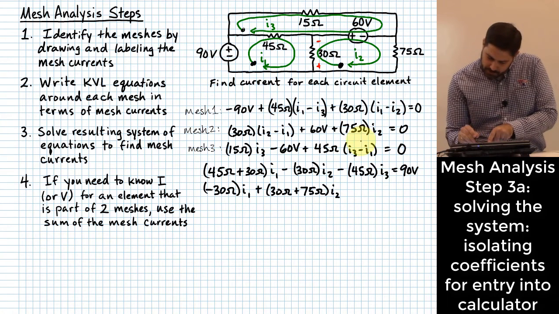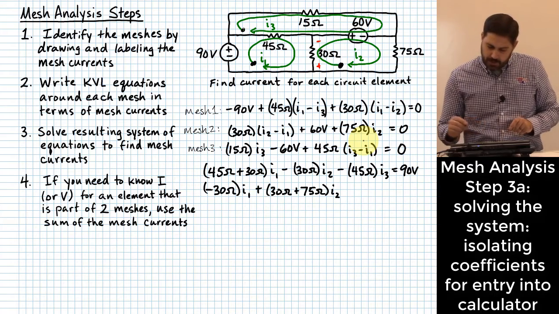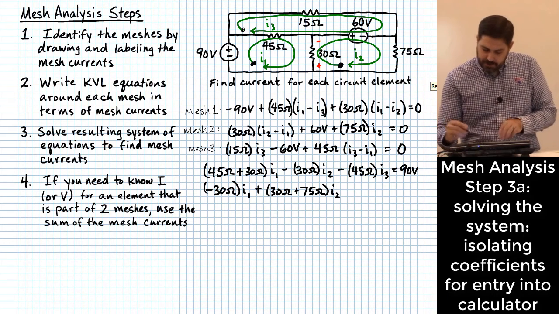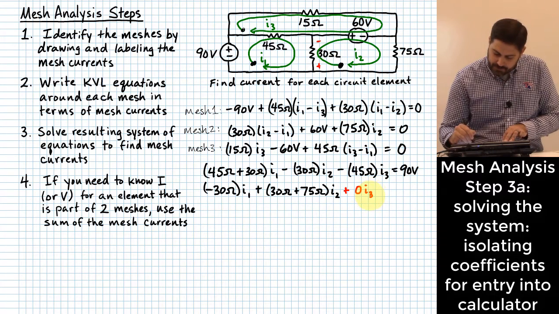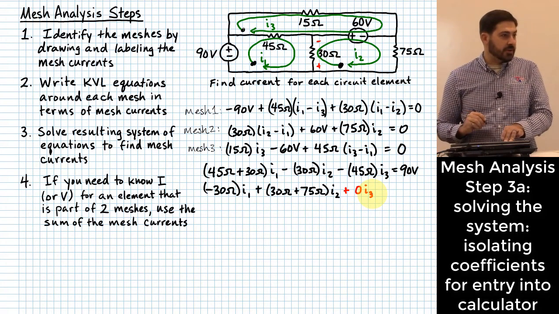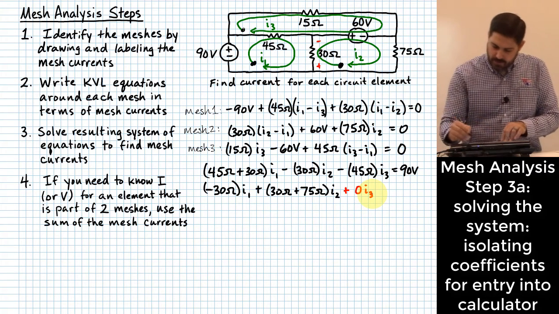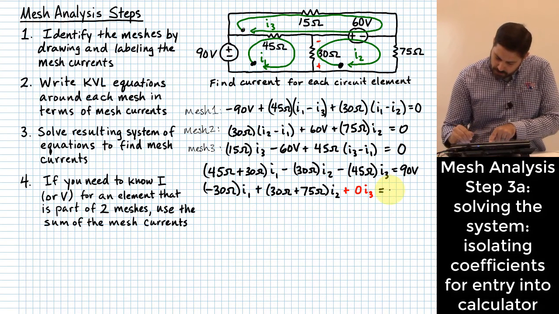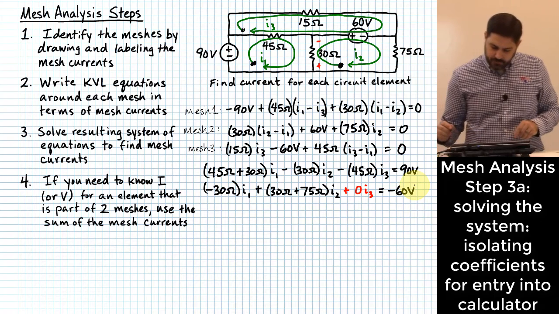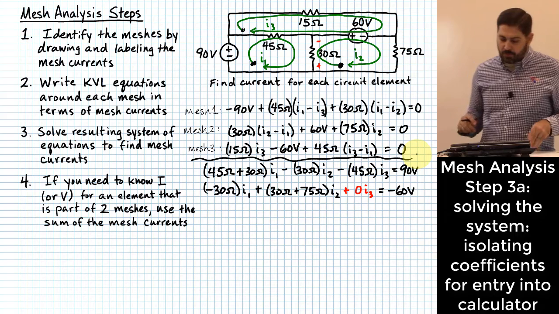Then I'm going to, do I have any I3s? Okay, so sometimes I do this. I won't necessarily always do it, but a lot of times I'll do something like this to really emphasize there is no I3, so I just use a coefficient of 0 for I3. Okay, then what? Okay, this should be equal to negative 60 volts.